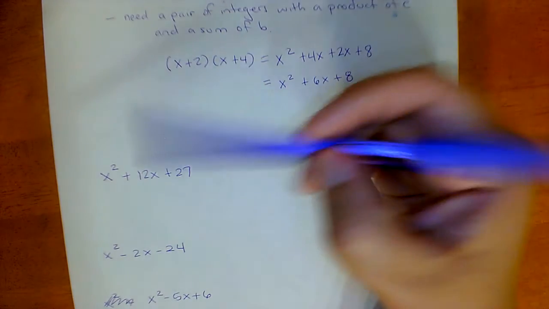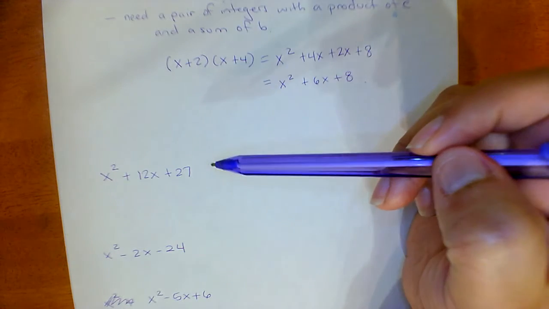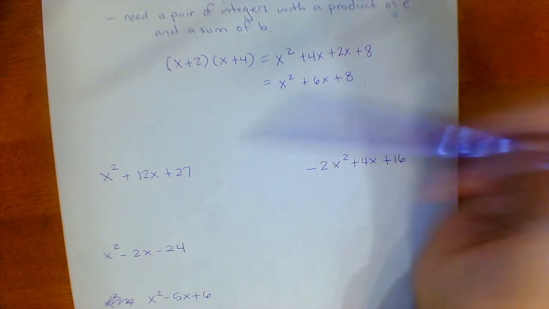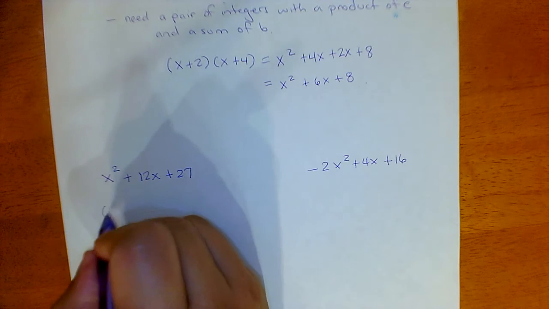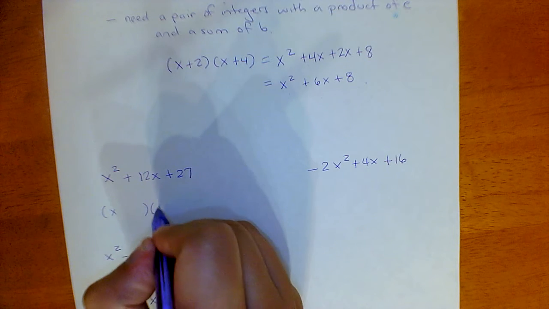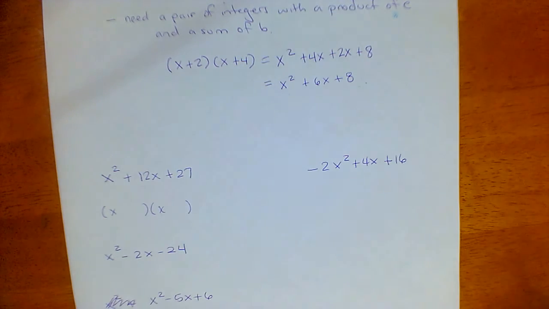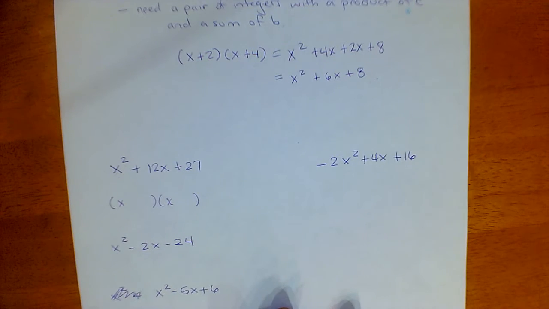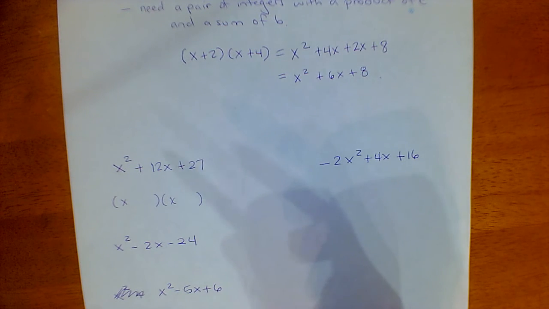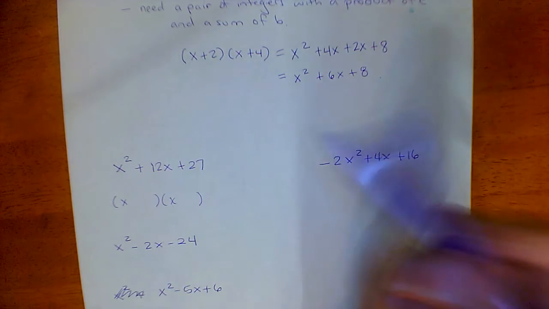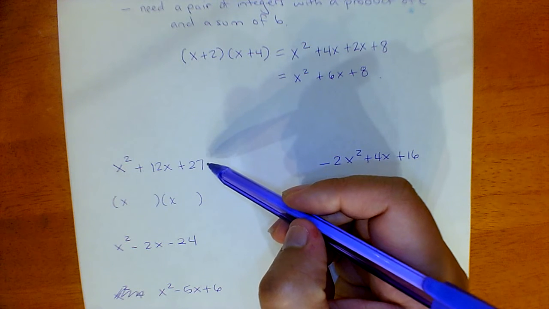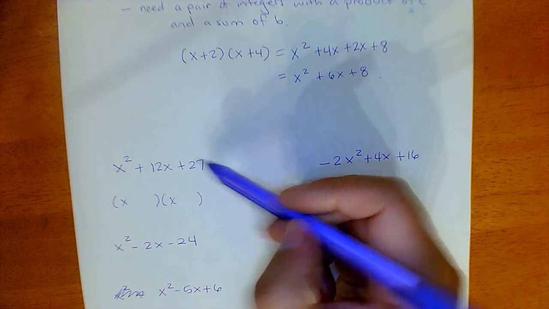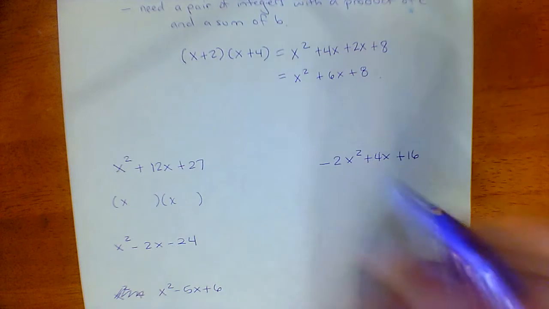So if we had the polynomial x squared plus 12x plus 27, if we're thinking about how these numbers combined, I know I'm going to want it to factor into x plus or minus something times another x plus or minus something, because that's our goal in factoring these trinomials into a pair of binomials. So our goal is to finish these off by figuring out what are the proper integers that combine with a product to one value and a sum to another value.